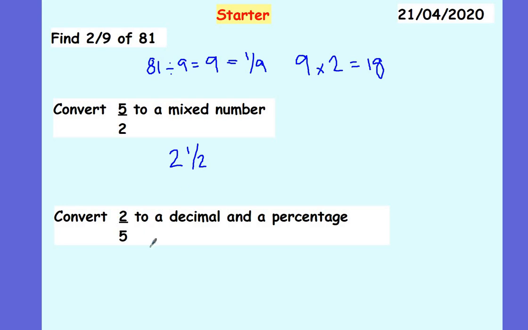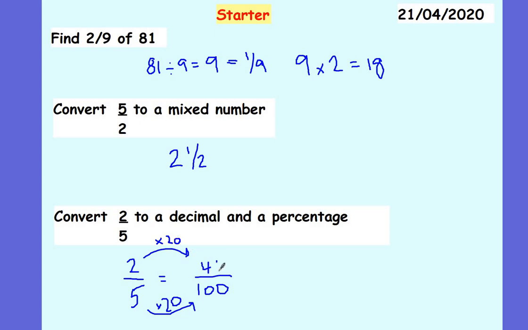I asked you to convert 2/5 to a decimal and a percentage. To convert it to a percentage, I want to put it over 100. 5 times what is going to give me 100, Sophie? 5 times 20. 2 times 20 gives me what, Tamsin? 40.